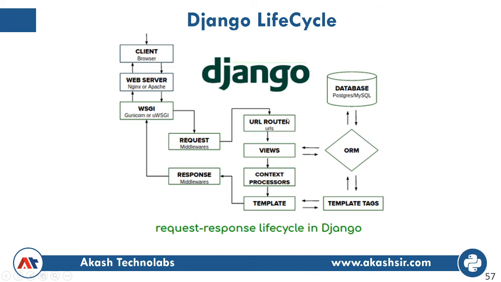For example, if we are opening a home page, first it checks whether the home URL is there in your URL files. If the view file is there, then it checks the database connectivity, and it also considers the templating engine, and then it gives you a response, right?